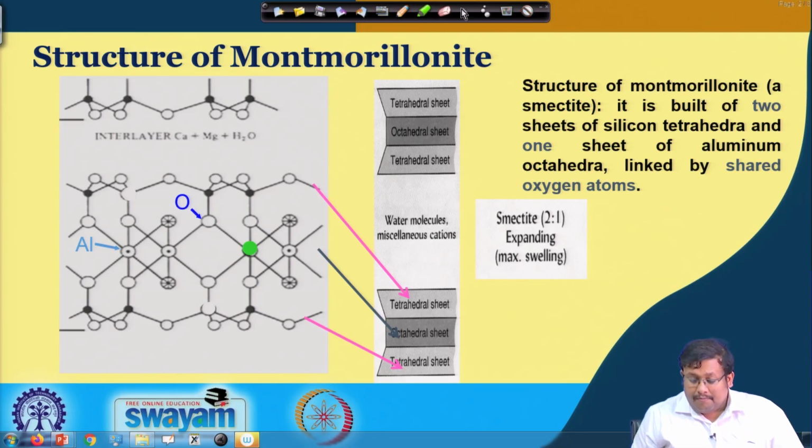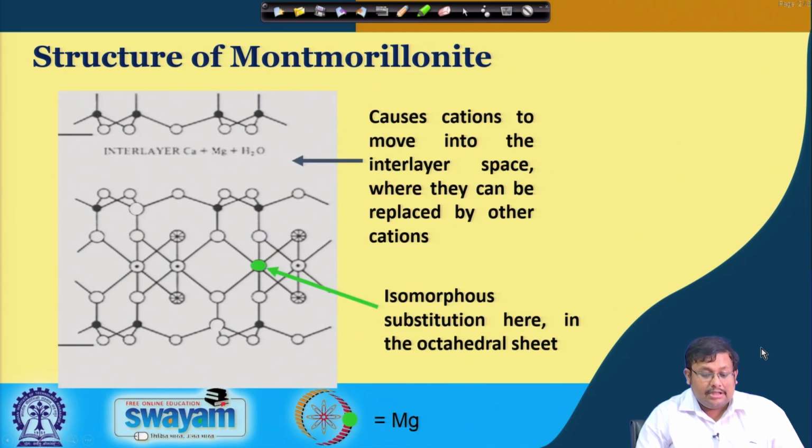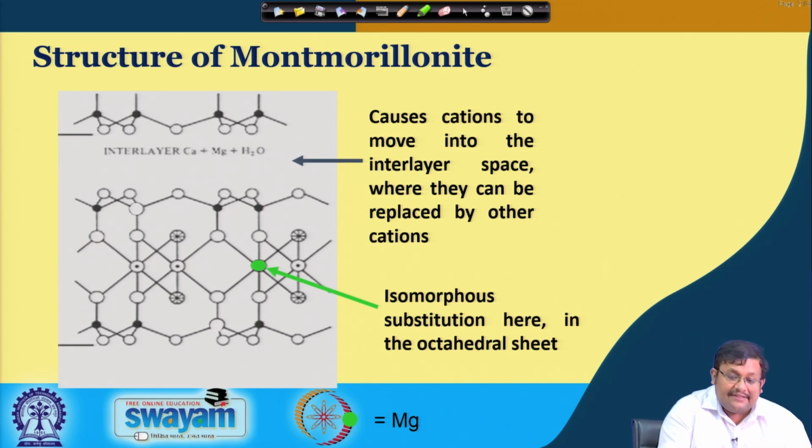If we move ahead and see what is the reason behind that. Now, as I told you in the last slide, isomorphous substitution occurs only in the octahedral sheet, so negative charge develops on the surface of these layers.